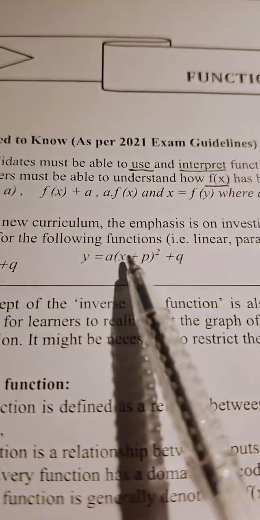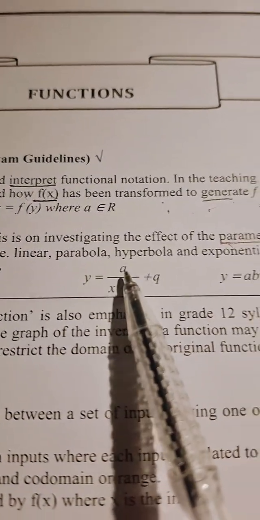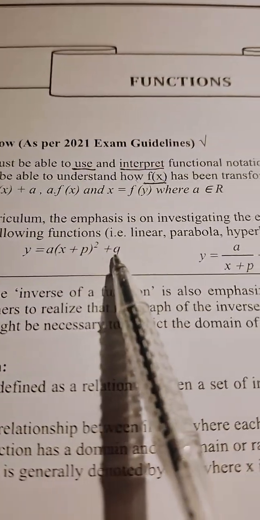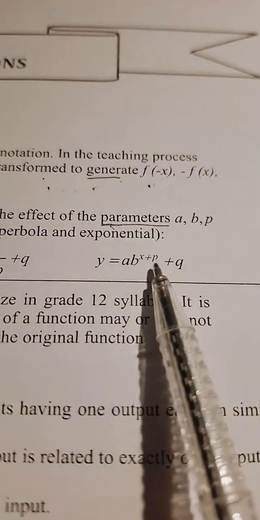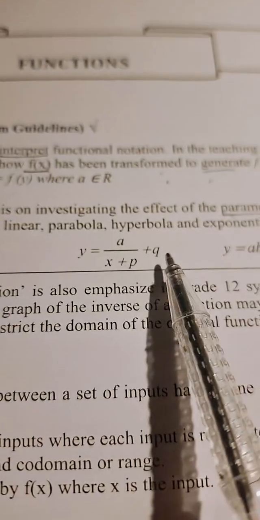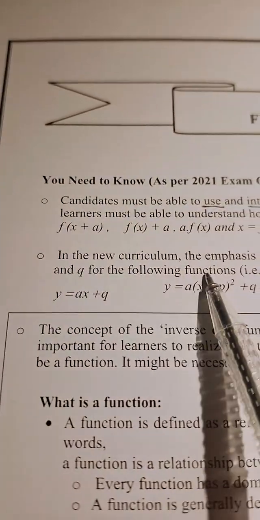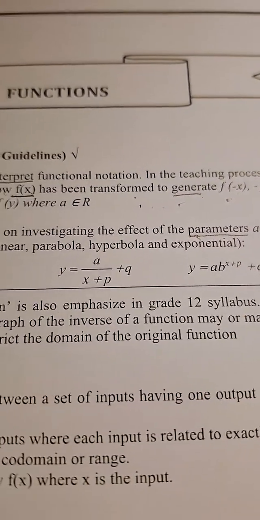A, B, P and Q. There's A here, there, there, there and there. B: there's no B here, no B there, no B there, there is B. P: there is no P, there is P, there is P, and there is P. And Q for the following functions: there is Q, there is Q, there is Q, and there is Q. For the following functions: linear, parabola, hyperbola, and exponential.